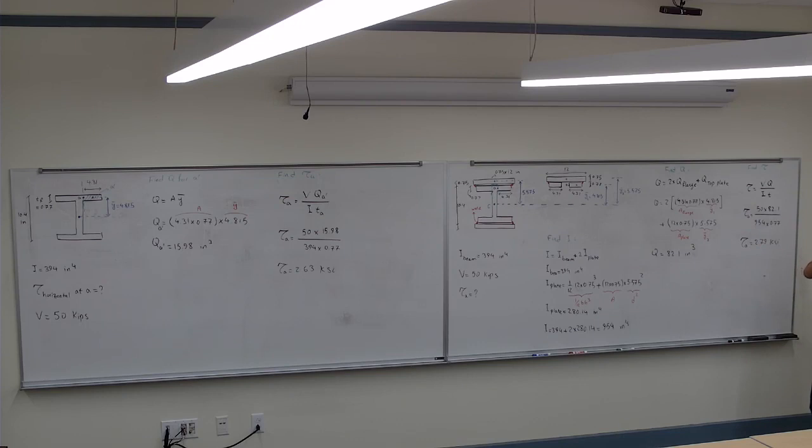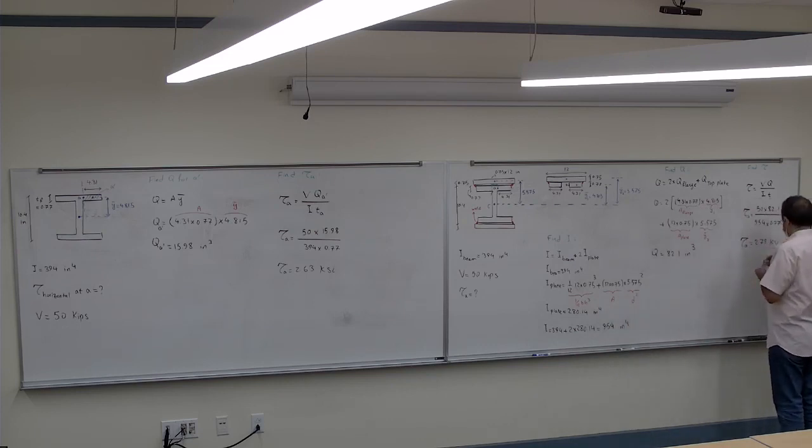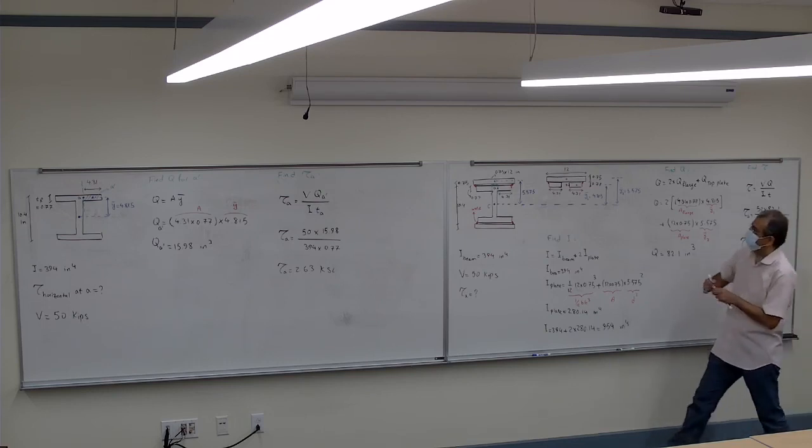It's going to be multiplied by 2 times 0.77, because we cut it 2 times.